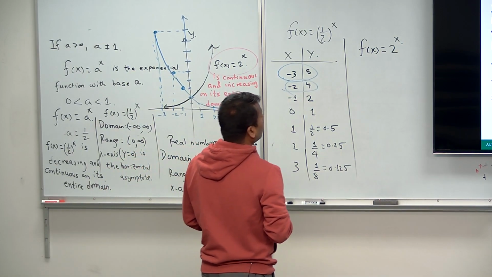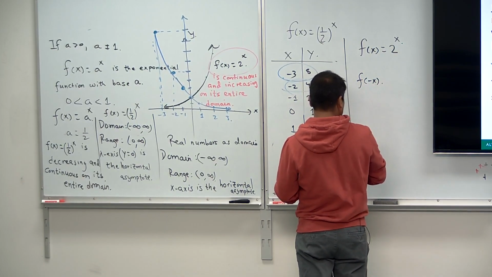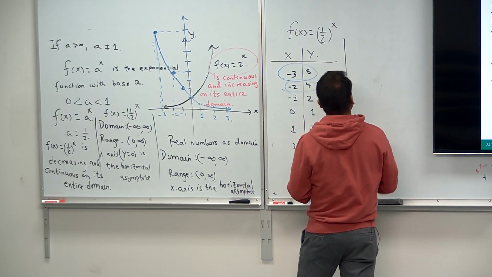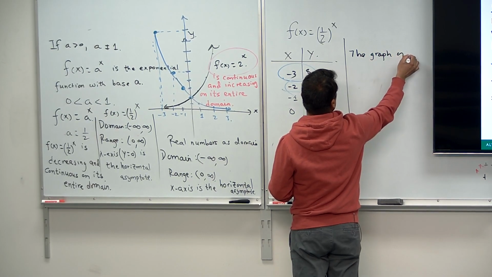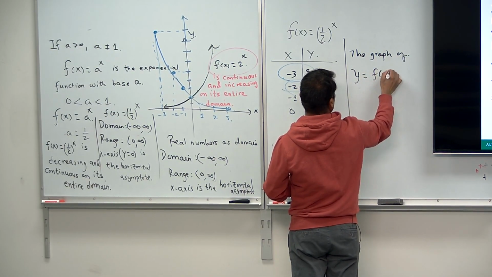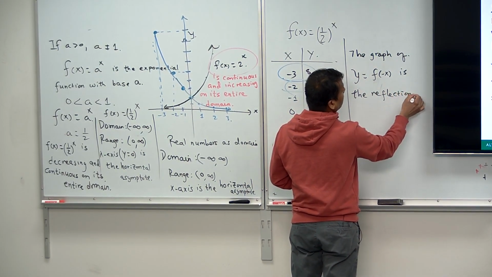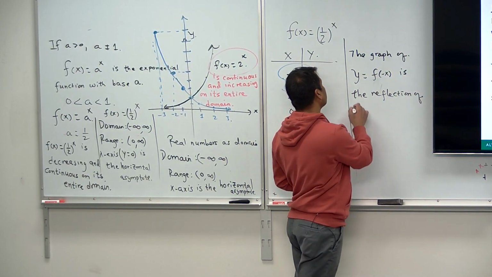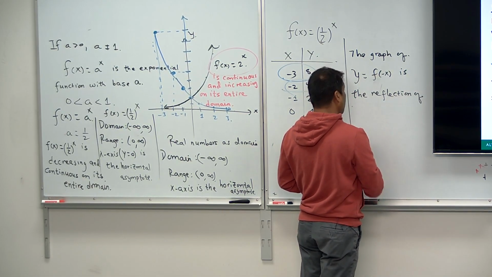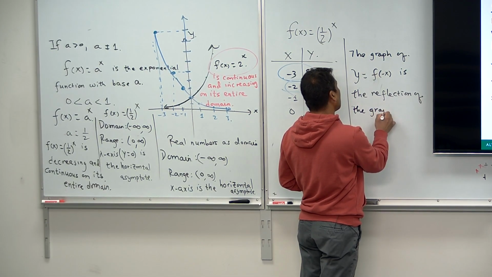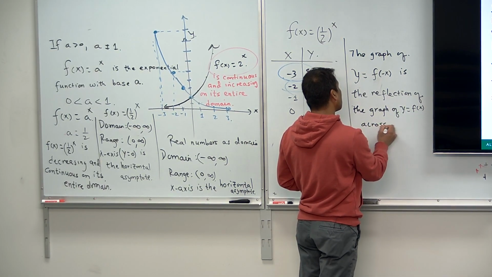So if you have f of negative x, first let me tell you this, okay? Let me write down this here. The graph of y equal to f of negative x is the reflection of the graph of y equal to f(x) across y-axis.